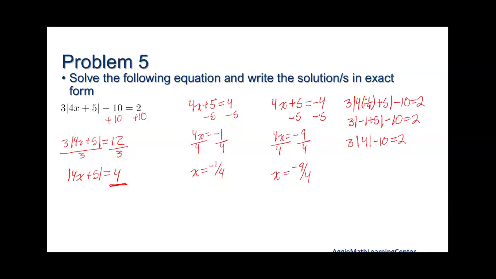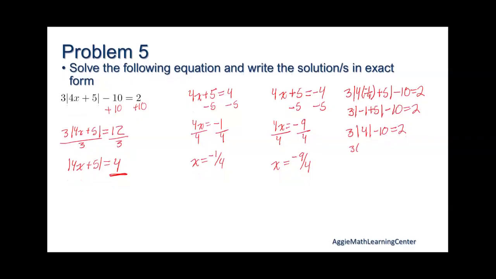The absolute value of 4, what is the absolute value of 4? 4. So you get 3 times 4 minus 10 equals 2. 3 times 4 is 12, minus 10 equals 2. So that one's good. We just checked it.